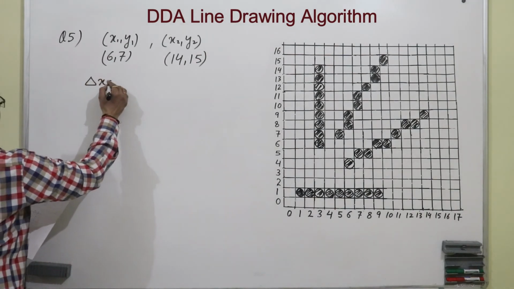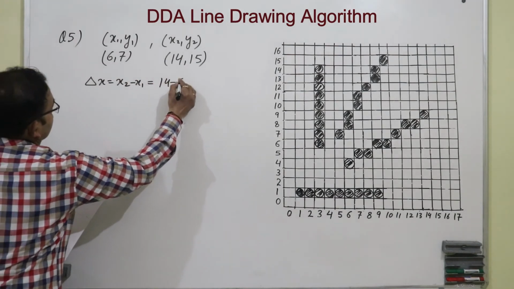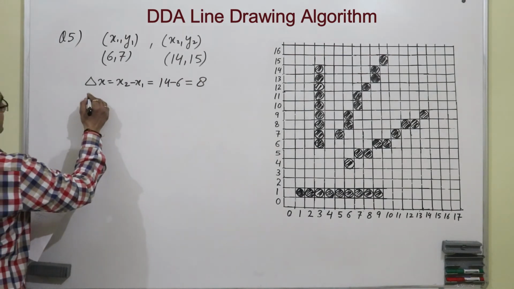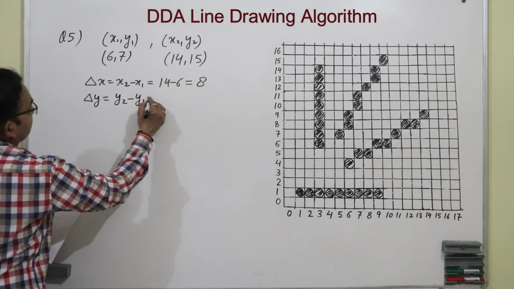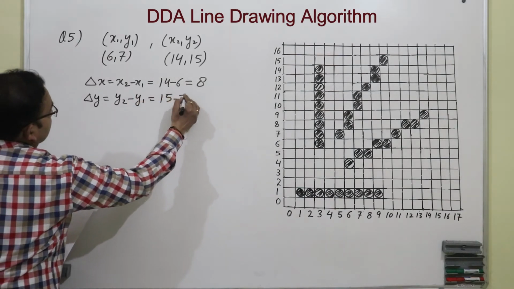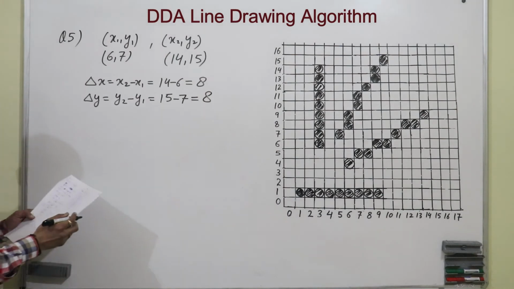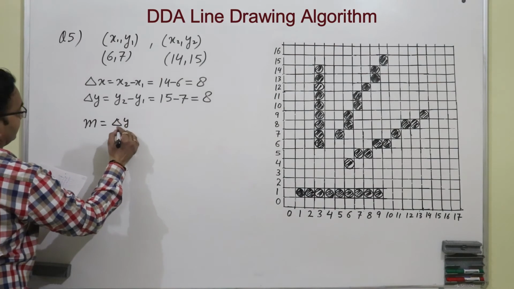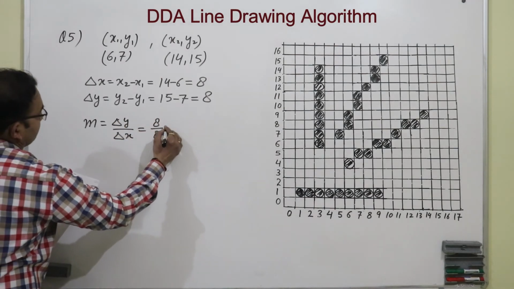Delta x equal to x2 minus x1, 14 minus 6 equal to 8. Delta y equal to y2 minus y1, 15 minus 7 equal to 8. Slope, delta y upon delta x, 8 upon 8 equal to 1.